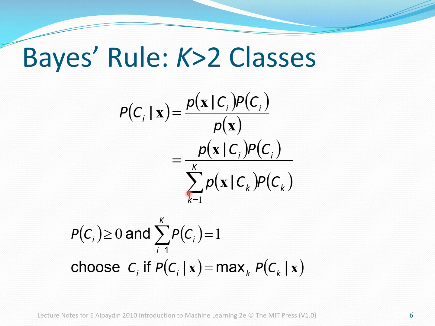We have the prior probability satisfying P(Ci) greater than or equal to 0 and the sum of P(Ci) for i = 1 to K equals 1.